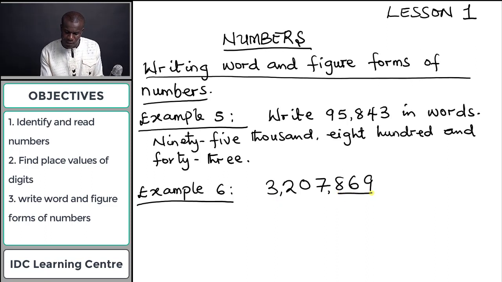The first 3 is hundreds, tens, and units. The next 3 is what? Thousands. And then the next is what? Millions.